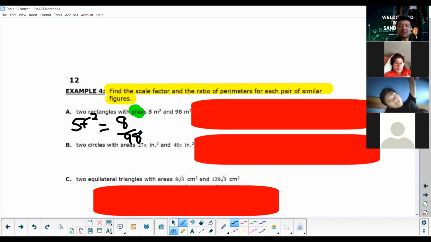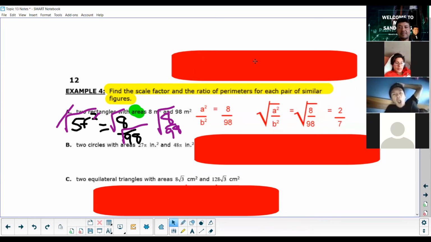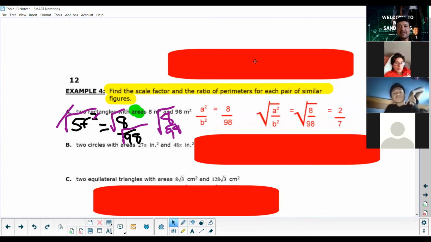Okay, we're gonna take the square root, in this case, of each one. And as a result, it's really going to be the square root of 8 over 98. And I think that could reduce. Let's see what they did. Yeah, you see how they do square root of 8 over 98? It reduces to 2 over 7.